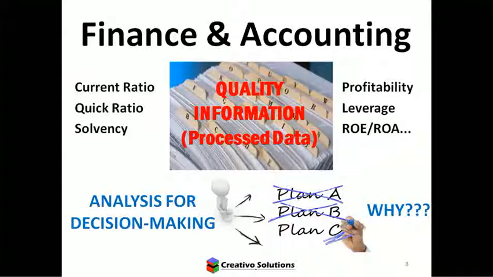So if we're choosing plan C over plan A and B, why are we choosing that option? We need to motivate that choice with different measures or different facts that we've uncovered from the data that we've got that has been processed, and that creates the information. If we can motivate the why, that supports the decision making.